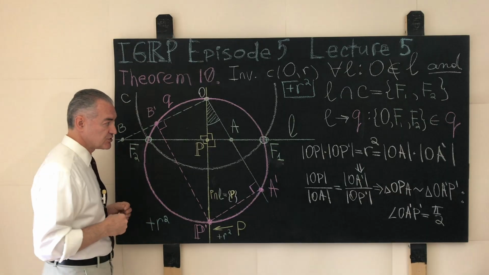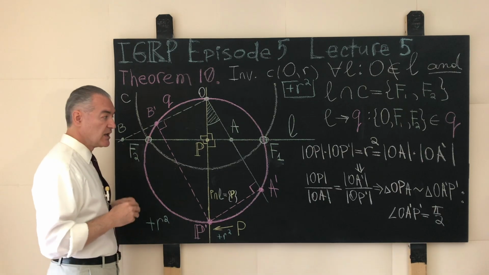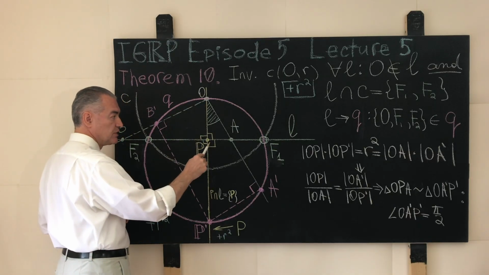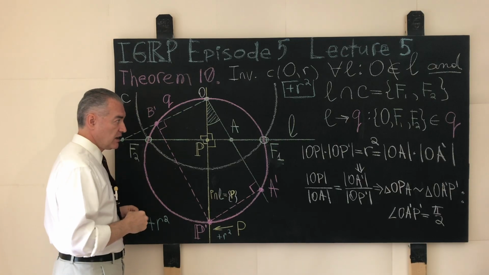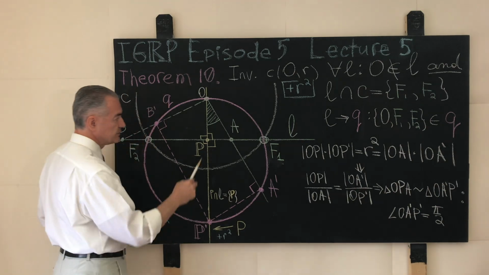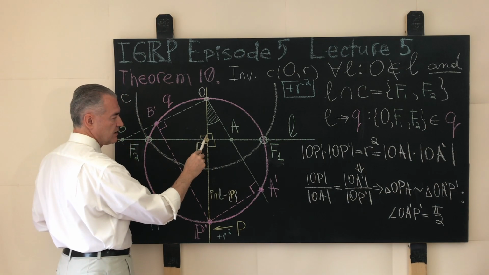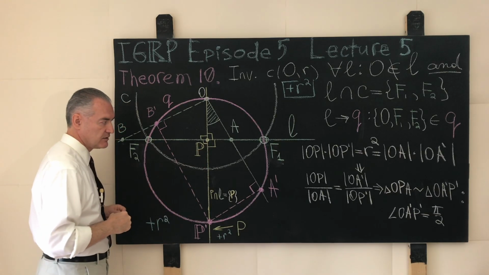In such similar triangles, the corresponding sides lie opposite equal angles. Now, if we go back to our triangle OPA, that triangle is right by construction, and in that triangle we have which sides? The sides OP and AP, they subtend what? They subtend the right angle.